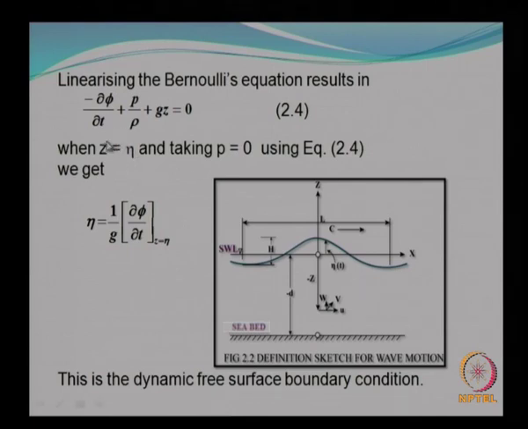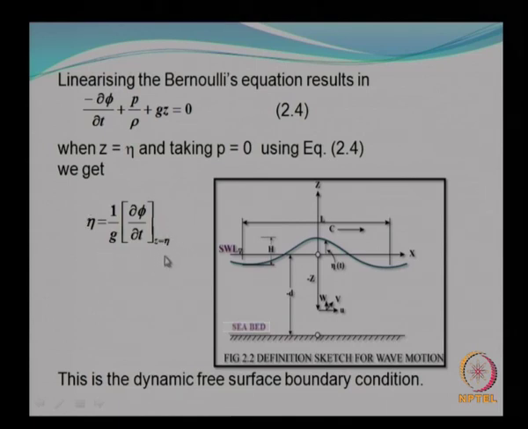So when you put this at z equal to eta and p equal to 0, you get a relationship for eta as shown here.